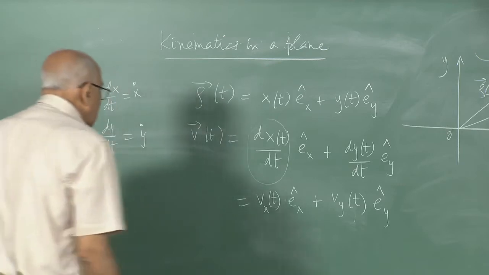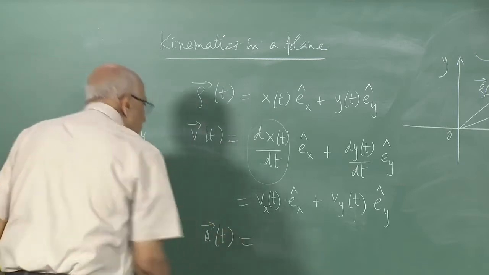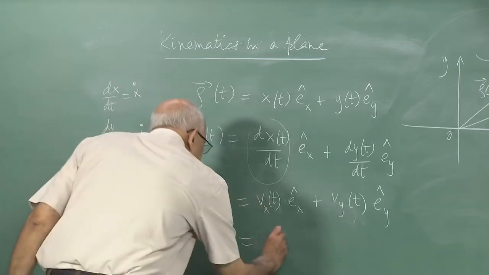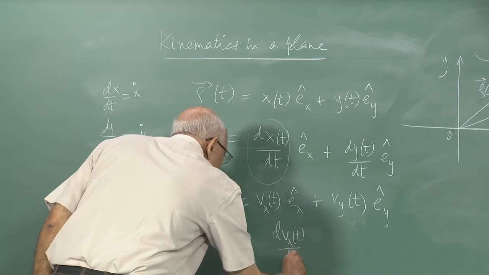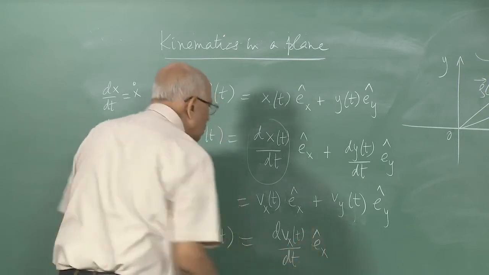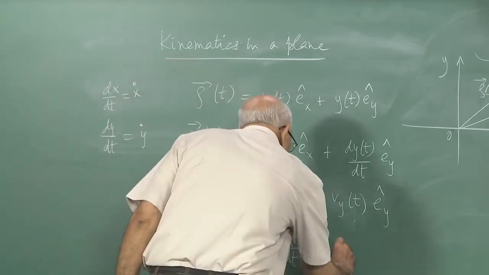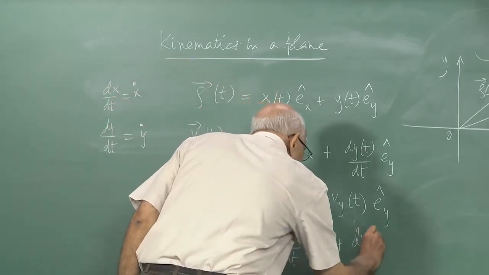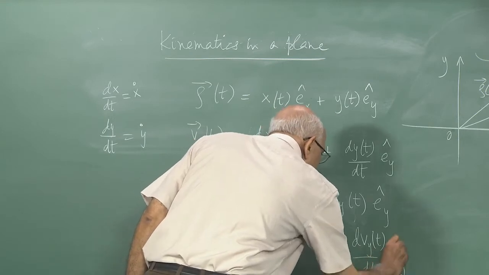Now what about the acceleration? A of t is the derivative of this quantity, so it is dVx of t over dt times Ex, once again there is no derivative of this because it is a constant vector, plus dVy of t over dt times Ey.